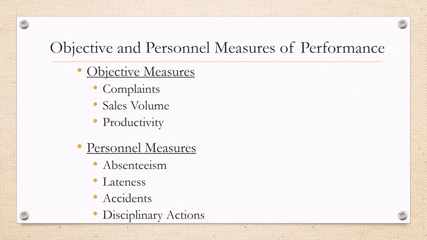This includes things like absenteeism, lateness or tardiness, accidents on the job, or disciplinary actions. Some advantages are that these things are easy to interpret, particularly in terms of interpreting the objective measures. It's easy to compare across individuals for such things as absenteeism.